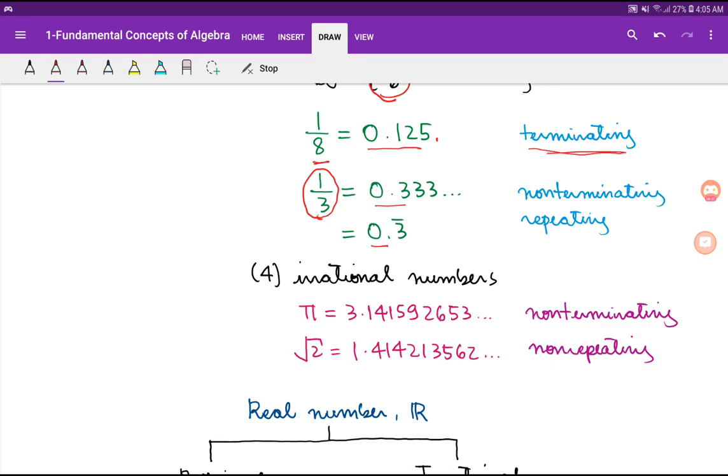So we cannot write this decimal representation in the form of a repeating decimal. That's what we mean by non-repeating decimal representations. So now we already know the four types of numbers in the real number system.